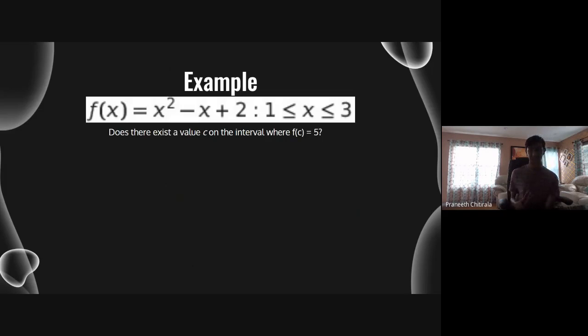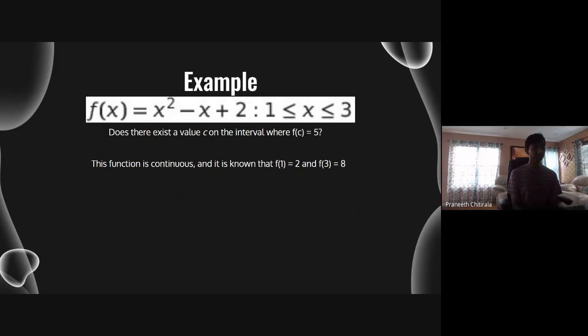This function is continuous, and it's known that f of 1 is equal to 2, so you just plug in 1 for f of x, and you get 1 minus 1 plus 2, and that's equal to 2.